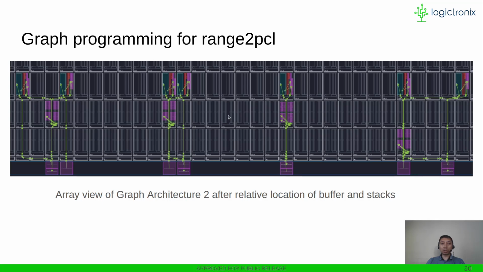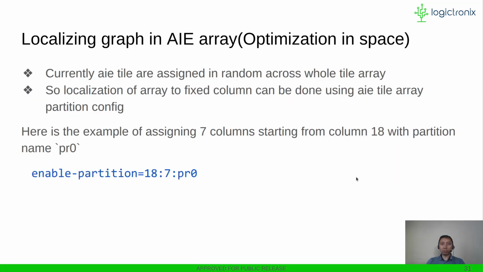So to localize this inside the AI engine array, there is a second optimization step where we can assign a particular column region in the AI engine tiles. So for example, here we are starting from column 18 and spanning 7 columns, starting from 18 and spanning a 7 column array for this range to image partition.